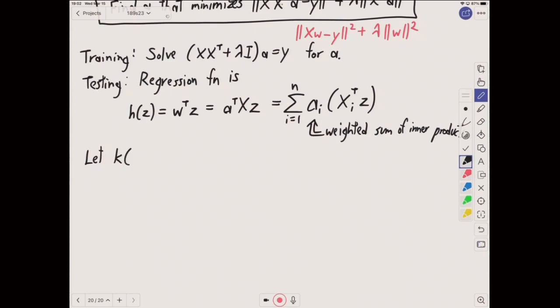First of all, I'm going to define something called the kernel function, which we're going to denote with a lowercase k. The kernel function takes in two vectors, x and z, having the same length, and right now what it does is just an inner product. But later we're going to change that.